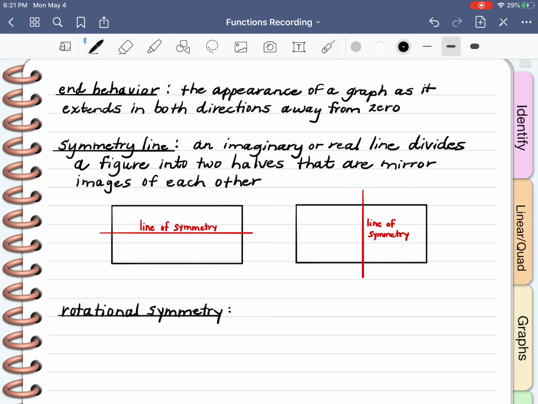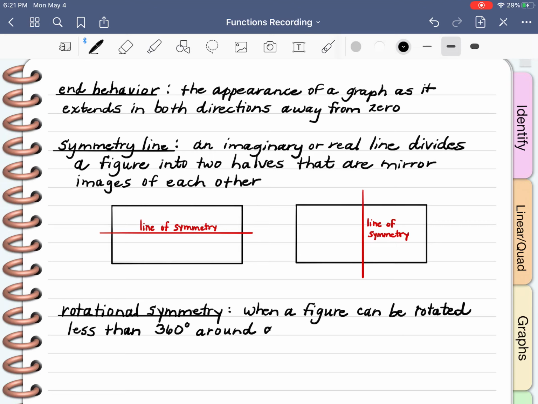So this one is when a figure can be rotated or turned less than a full circle, less than 360 degrees, around a point, and coincide with itself.